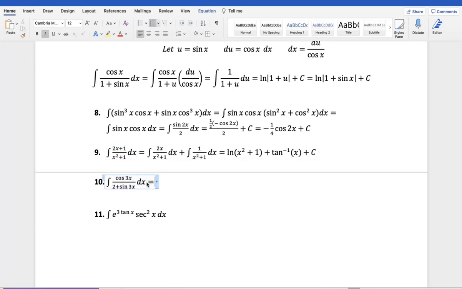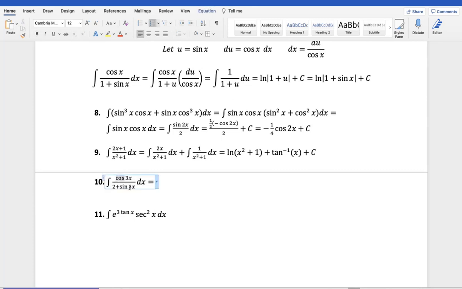Now moving on to the next example, we have the integral of cos 3x over 2 plus sine of 3x. Here we can make use of u substitution, or we can also intuitively see that if you derive the denominator, 2 plus sine of 3x, the 2 falls away because the derivative of a constant is 0, plus the derivative of sine 3x, which is cos 3x multiplied by 3.